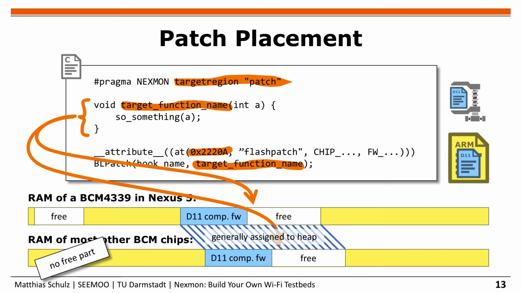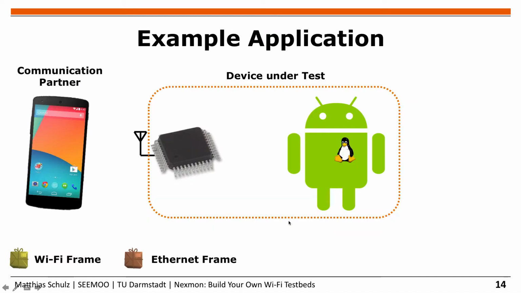It has one downside that needs to be fixed, because generally after loading the D11 core firmware, the RAM part is freed and assigned to the heap so that it can be used for storing frames and other things. So what we need to take care of is to reduce the size that is freed so that our patch code is safe.